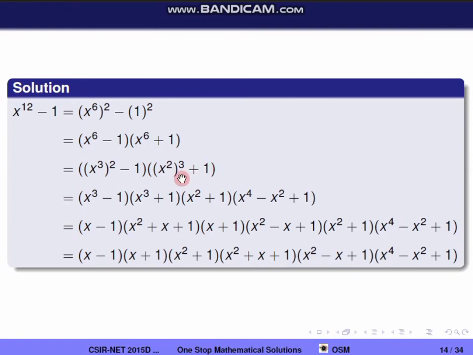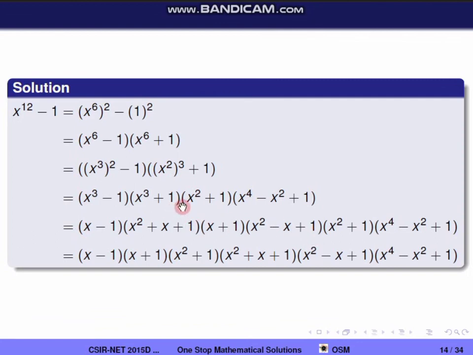So once we write that, this is equal to (x cube minus 1) into (x cube plus 1), (x square plus 1) into (x power 4 minus x square plus 1). Now we can split x cube minus 1 and x cube plus 1 as (x minus 1) into (x square plus x plus 1) and (x plus 1) into (x square minus x plus 1).